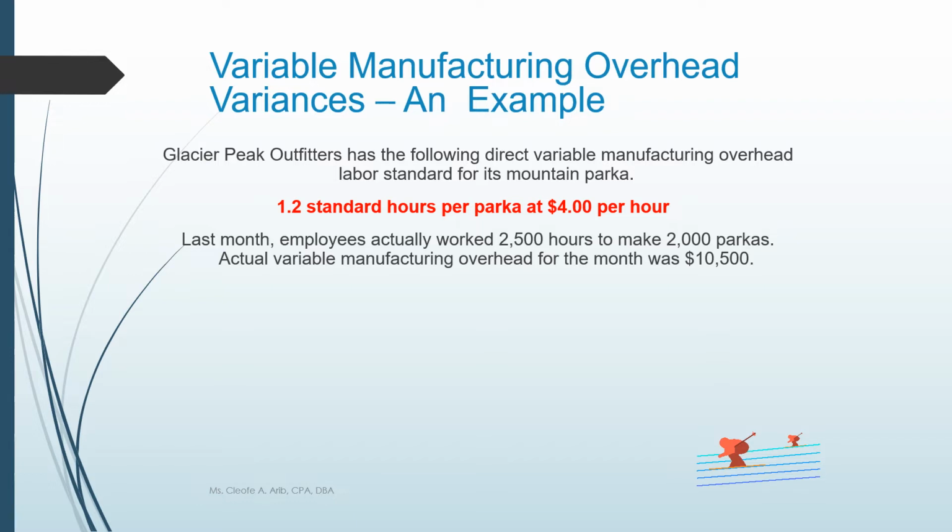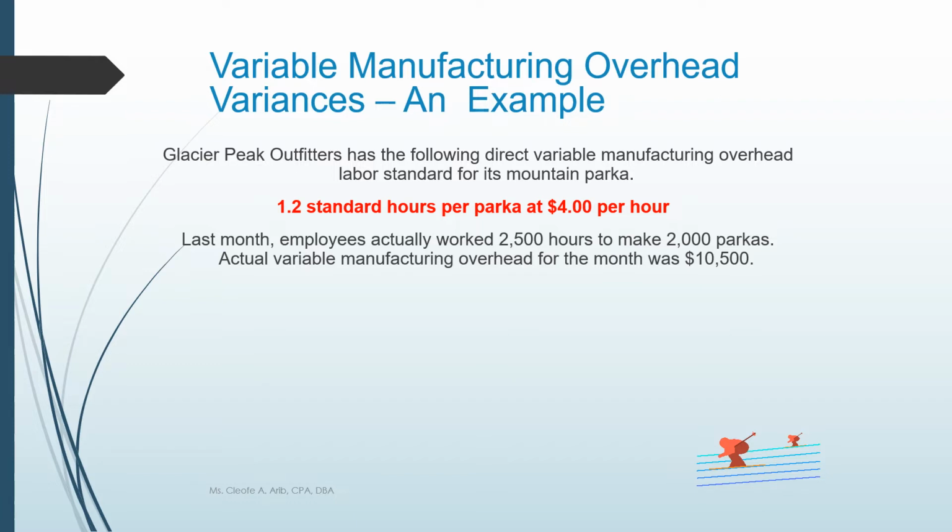So the standard quantity that we will use is the same as the standard quantity for labor. The standard quantity is 1.2 standard hours per parka. And how much is our predetermined variable manufacturing overhead rate?